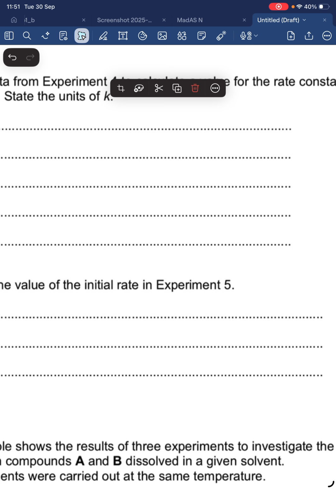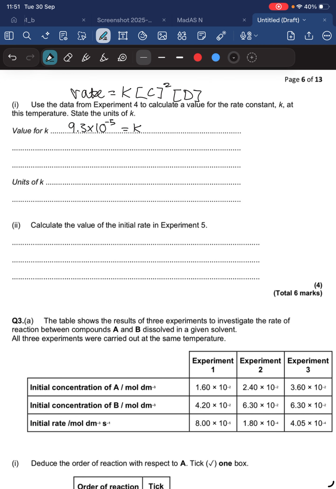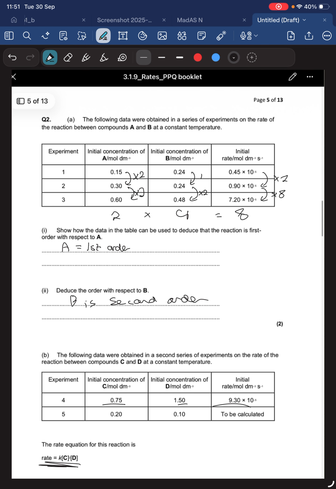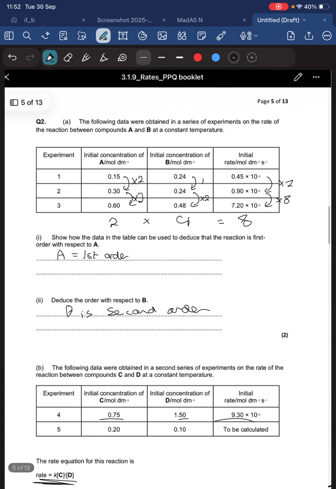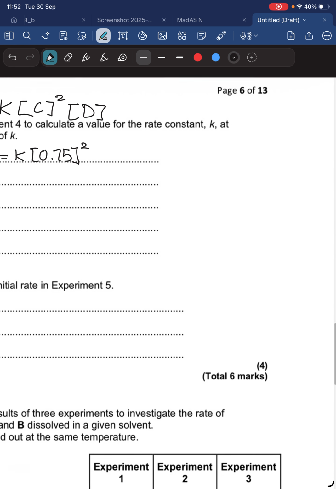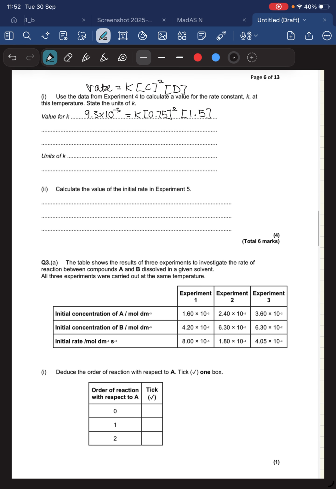Oh, my pen's gone. Negative 5 is equal to K CD, so 0.75 squared times D, 1.5. That remains the same, and we respect the equation by making it squared. 1 second.